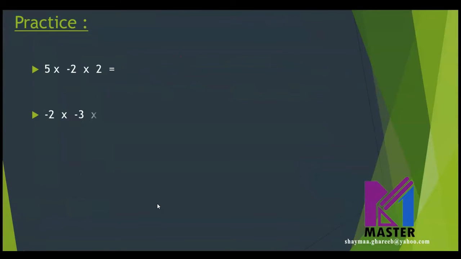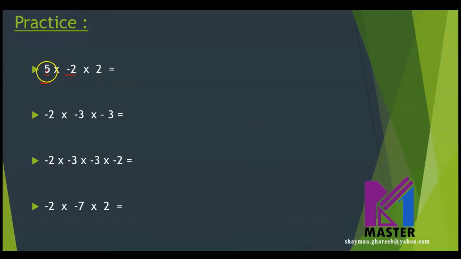So let's have some different examples. Look at the first example here. We have three numbers multiplied by each other: 5 times negative 2 times 2. Okay, so let's do it step by step. The first is a positive number multiplied by a negative number. In this case, the answer is negative.